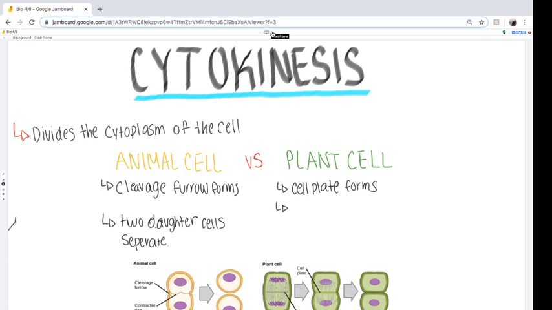So the daughter cells do not separate. And it also has the sticky substance called middle lamella. Ooh, I spelled that wrong.